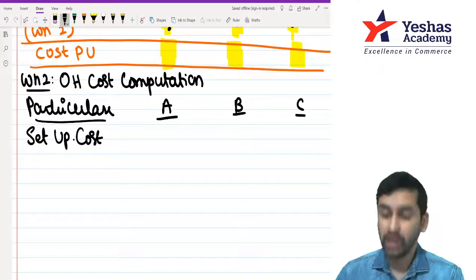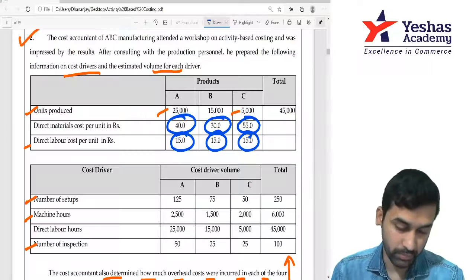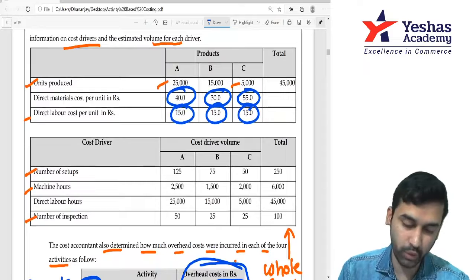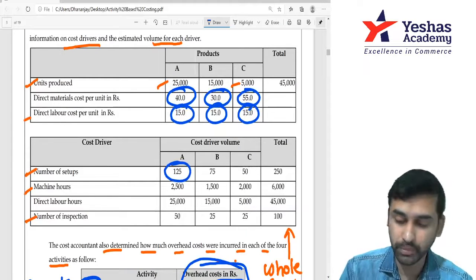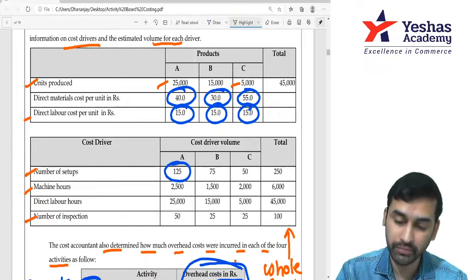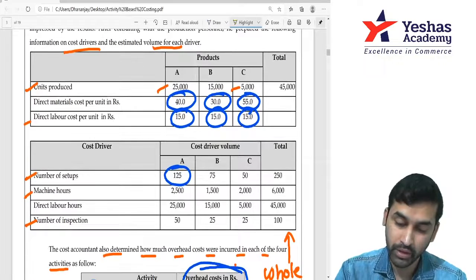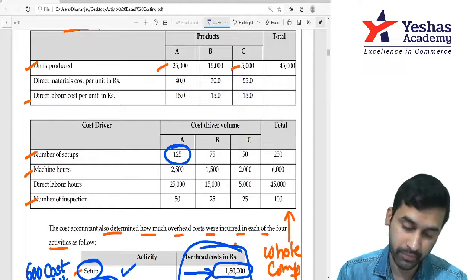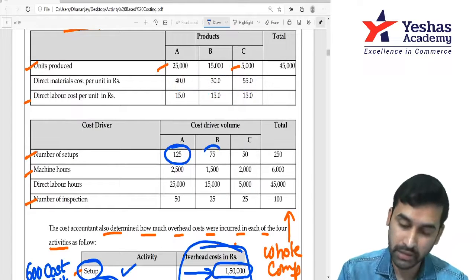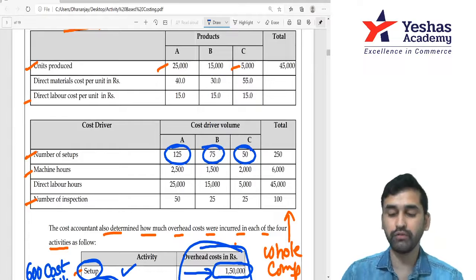Tell me, I'll go back to the question book. How many setups do we need for product A? In total, for product A, 125. Are you following? 125 for A, 75 for B, 50 for C.